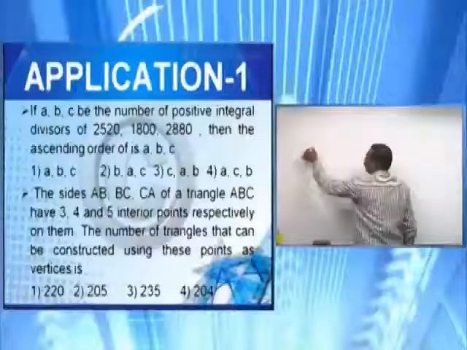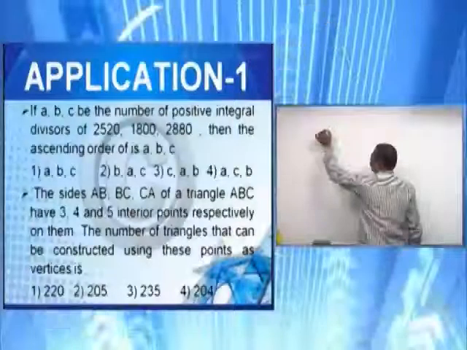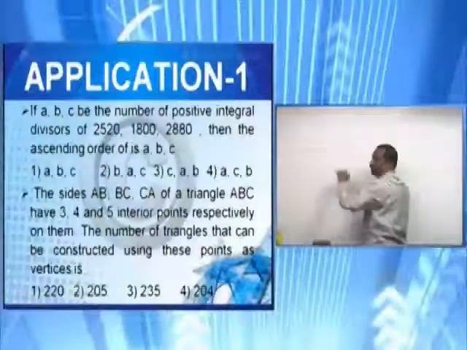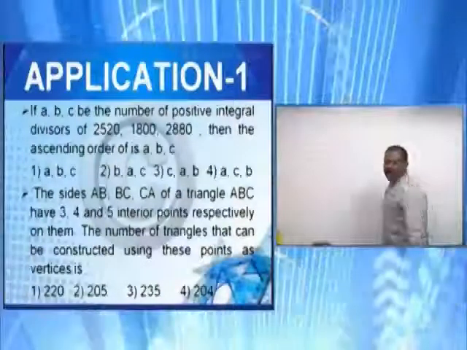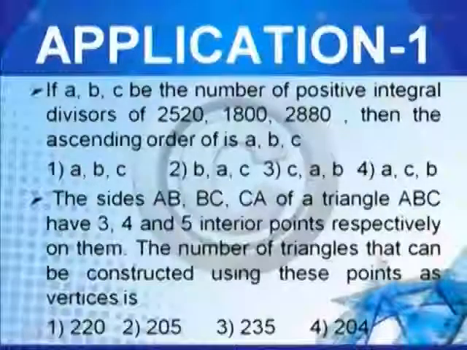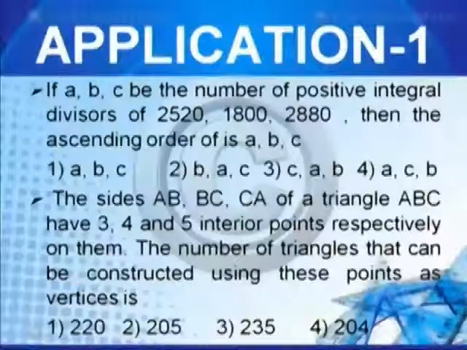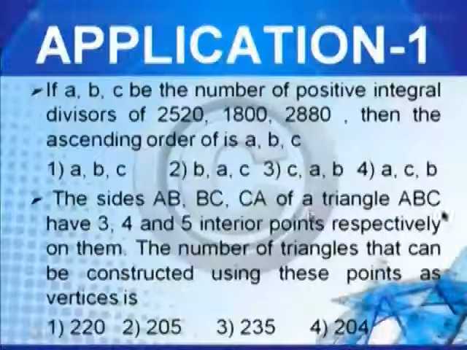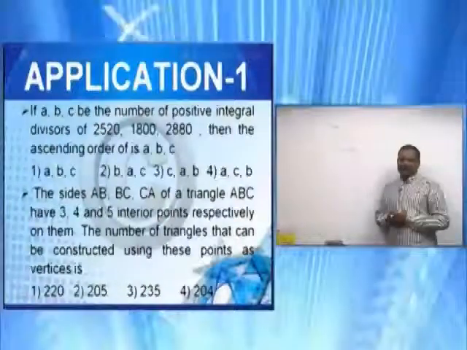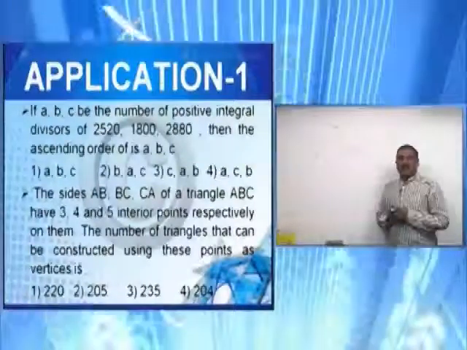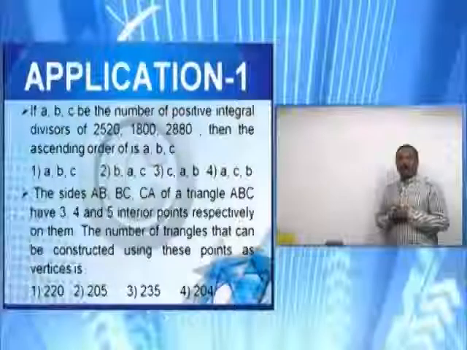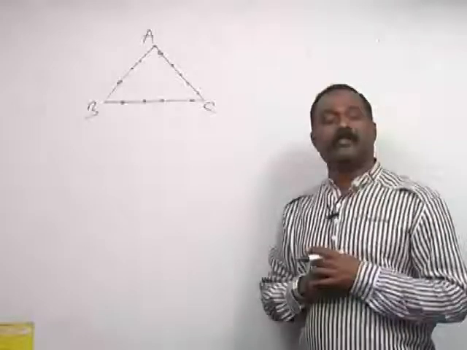That is, AB has 3 points on it, BC has 4 points on it, and CA has 5 points on it. Do you understand that? So now what do we find out? The number of triangles that can be constructed using these points as vertices. You must find out the number of triangles that can be formed.